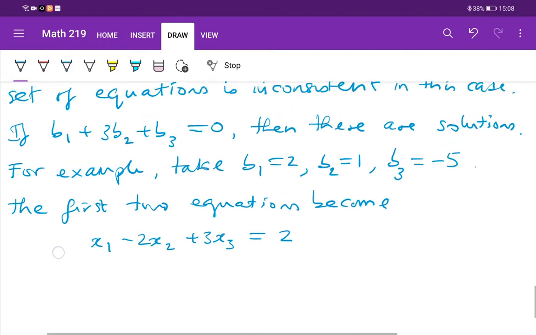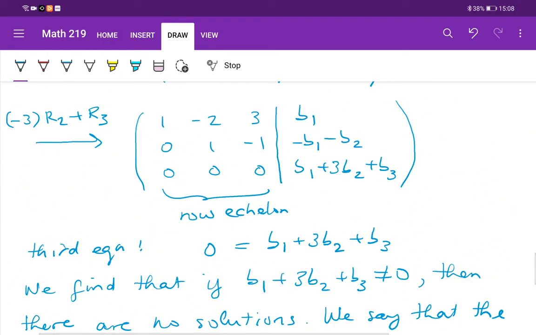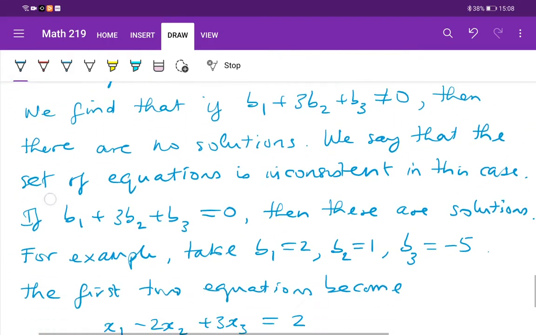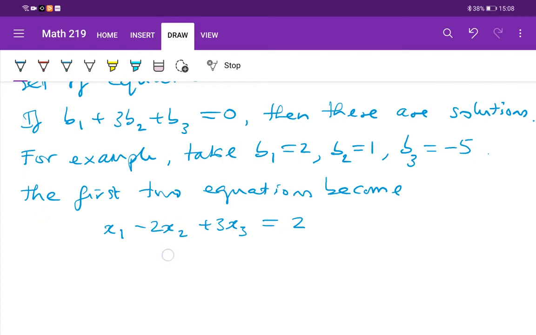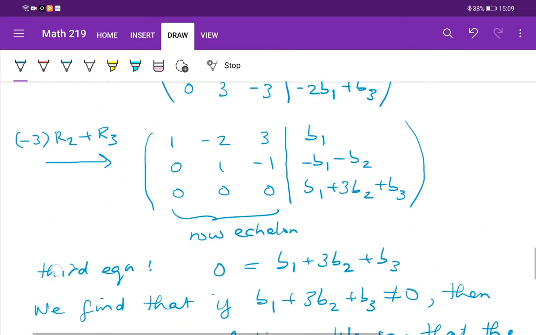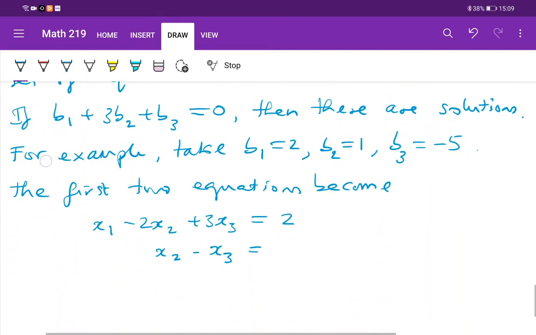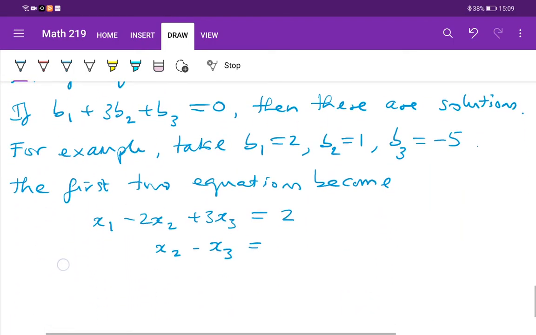And the second equation is x2 minus x3 equals minus b1 minus b2, which is minus 3. So it corresponds to these two equations.